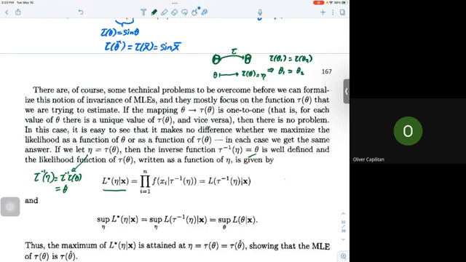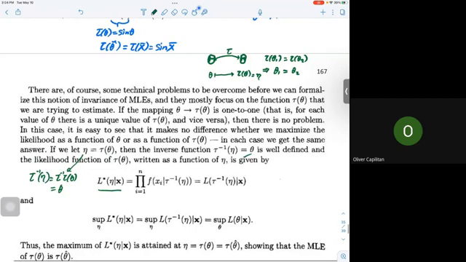By definition, we have the product, or the joint density, f of x sub i given tau inverse of eta, since we know that this part is equal to eta.